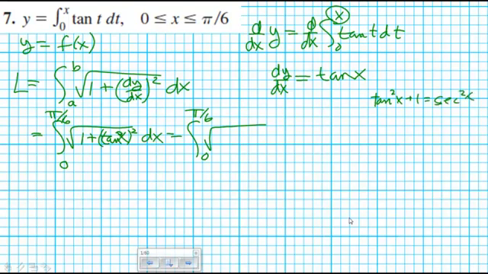So this is going to become the square root of secant squared, or the integral from 0 to pi over 6 of secant. There we go.